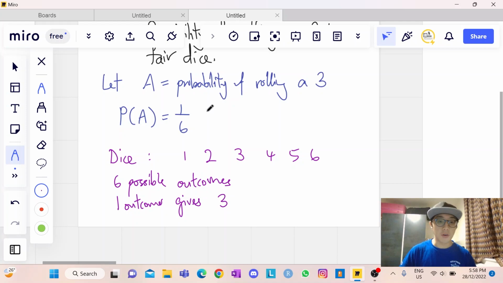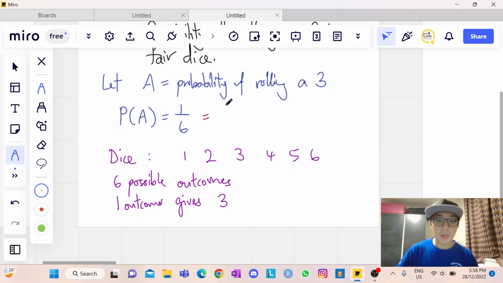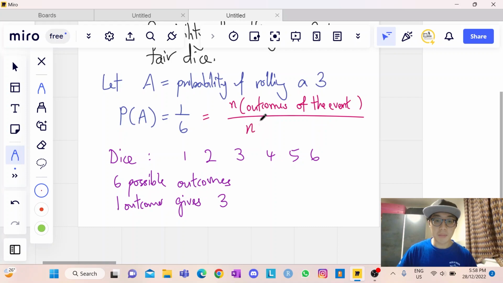Therefore this is equal to the number of outcomes of the event divided by the number of total outcomes.